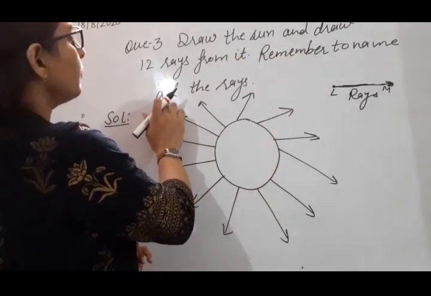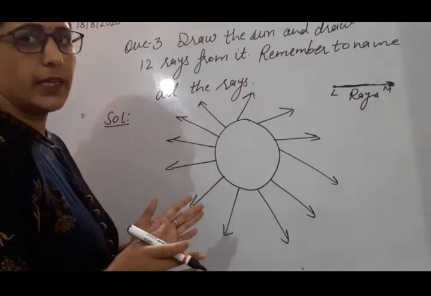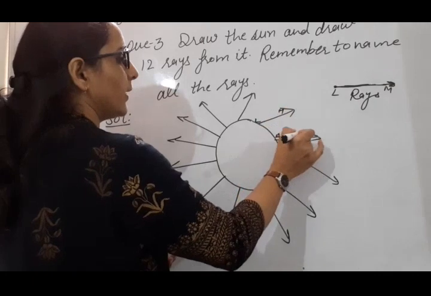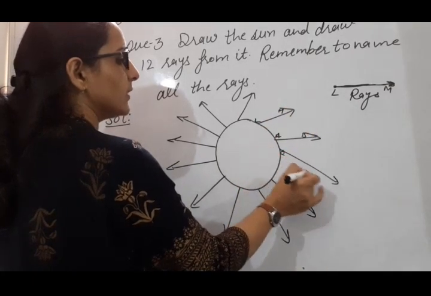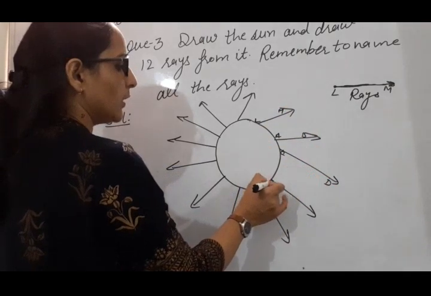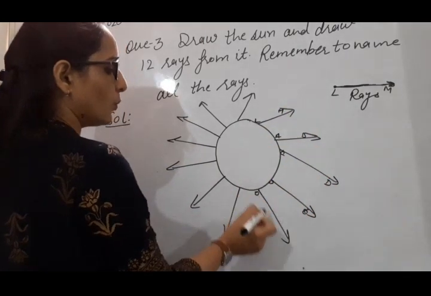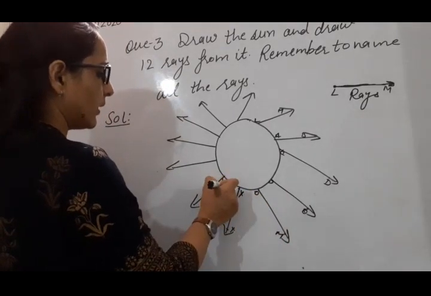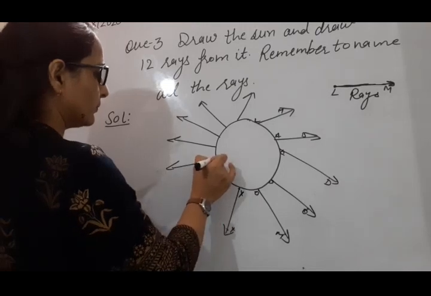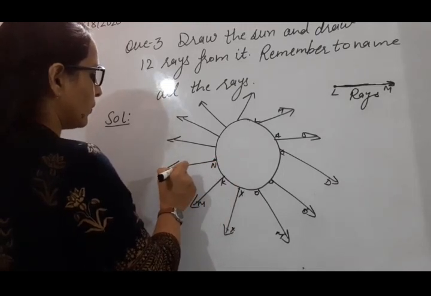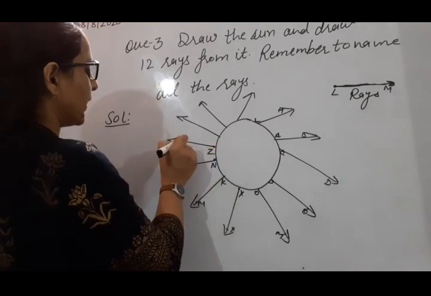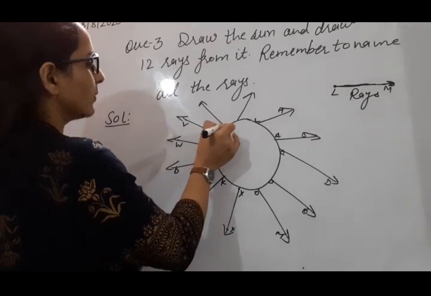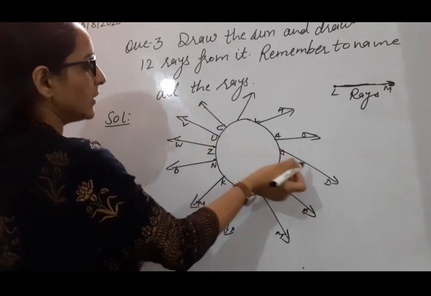And remember to name all the rays. You can give a name to all the rays like L, M, A, B, here C and D, P, Q, like that, O, M, X, Y, K, M, N, O, Z, W, U, V. C, D we have already given.